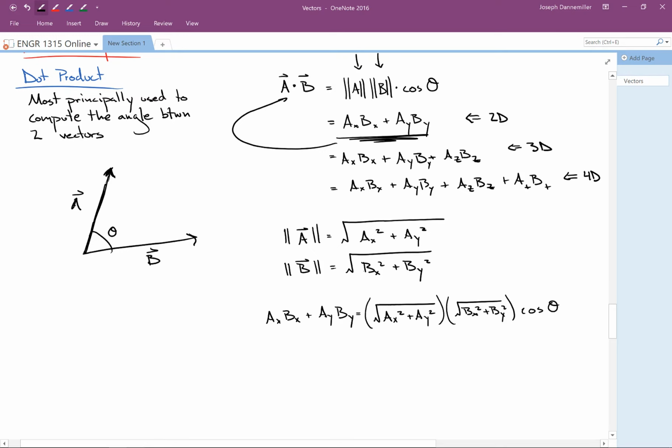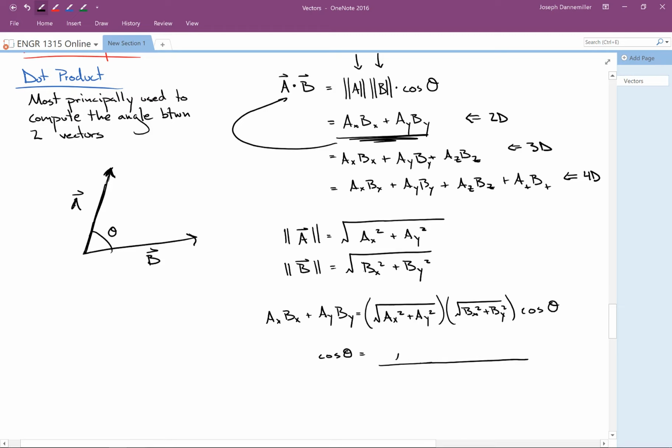So there we go. And we can say that in the end, we'll do it piece by piece. The cosine of theta equals, again, the magnitude of A, the square root of ax squared plus ay squared, times the magnitude of B, the square root of bx squared plus by squared. Oops, that's my denominator. I apologize. You know what? We're going to cut down time.